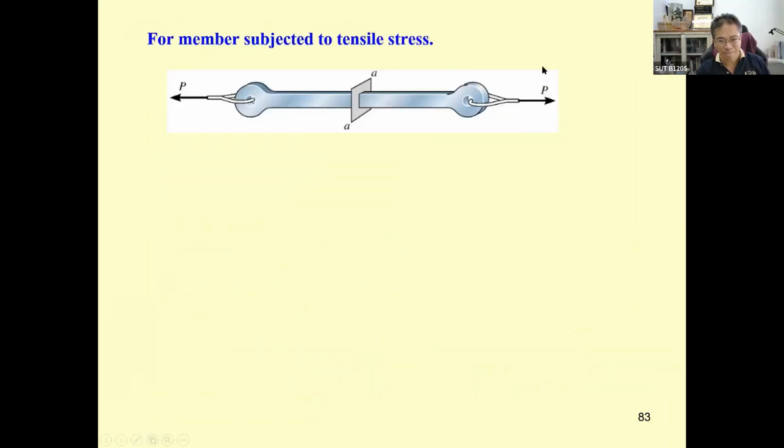Now we first come to what we should consider here. If the structure is like this, when you pull the member of the structure, please be aware of what happens. When you pull it, just guess where the failure occurs, at my hands or in the middle.